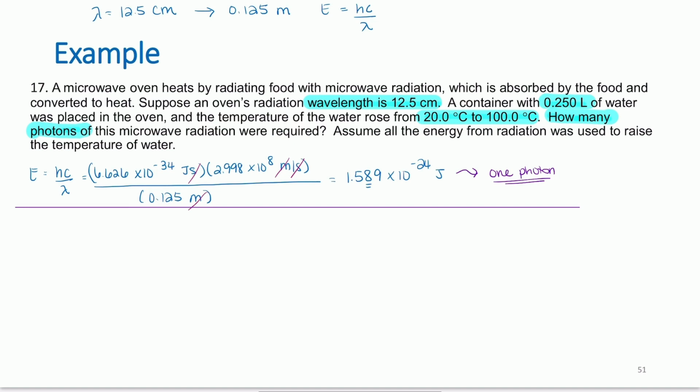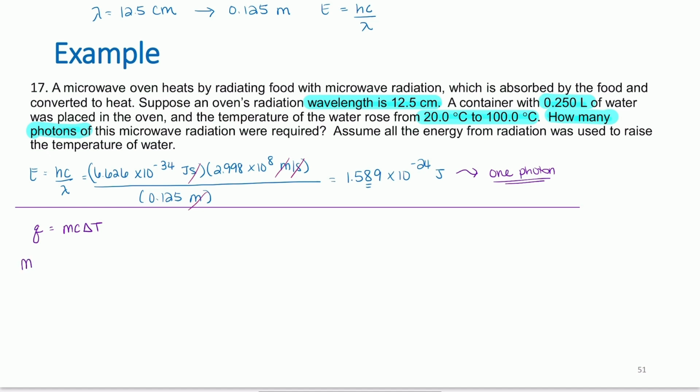Then I can figure out how many photons I need. Q equals mc delta T. You guys thought you were done with that equation? No, not even close. That equation haunts us for the rest of time. Not haunts us. It's a great equation. It really is. But I want to use this equation to figure out how much heat I need to actually heat up 0.25 liters of water.